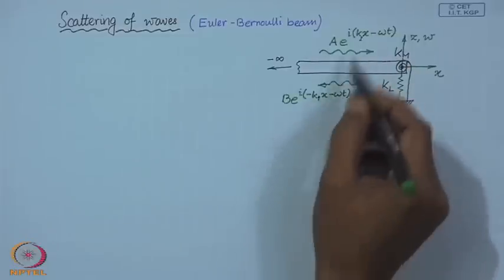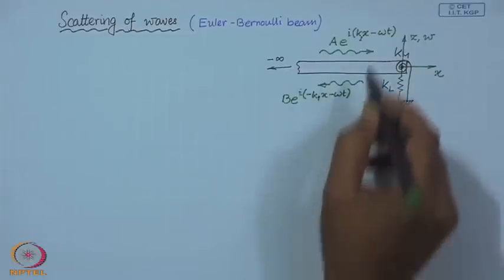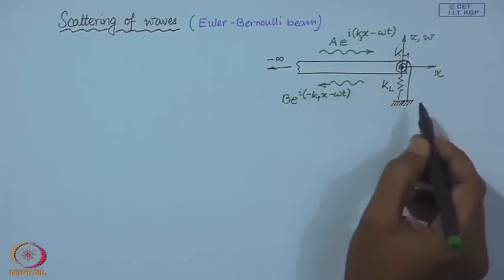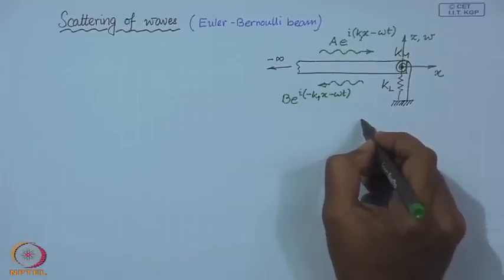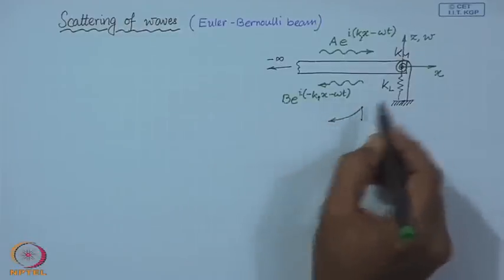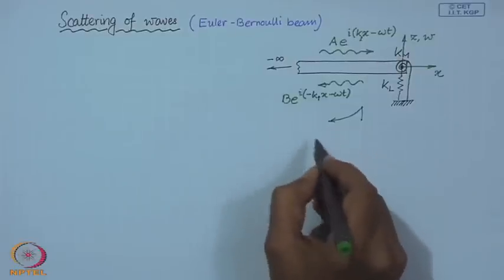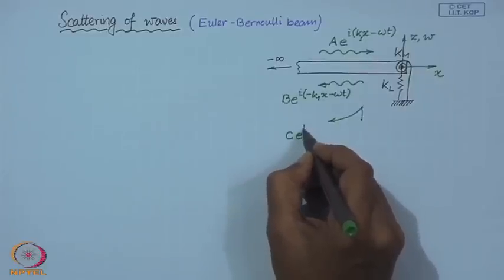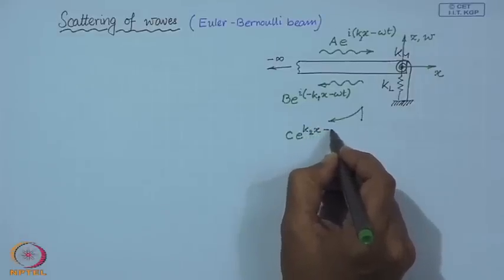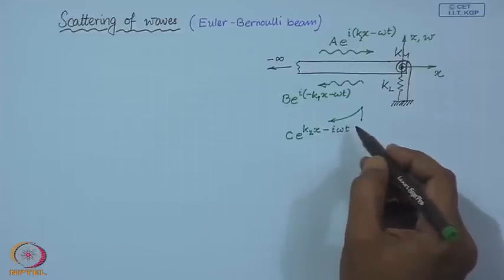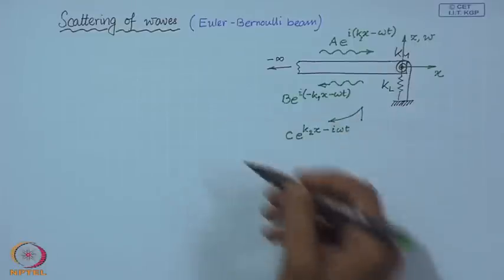Let me call the wave numbers at present k 1 for the incident and reflected, and there will be now an evanescent wave, which we will represent in this form. It is a decaying wave in the negative x direction. So, we have an evanescent wave which is decaying in the negative x direction.